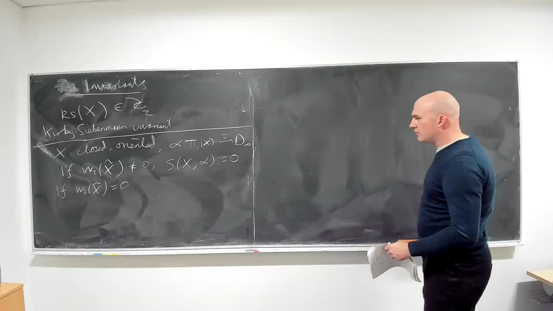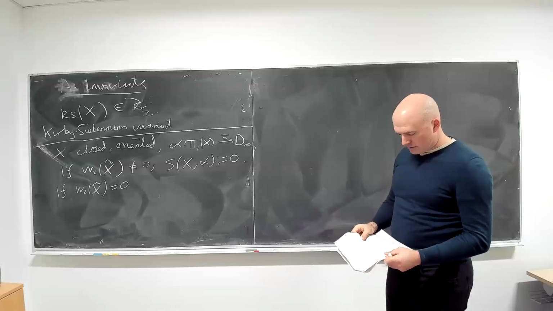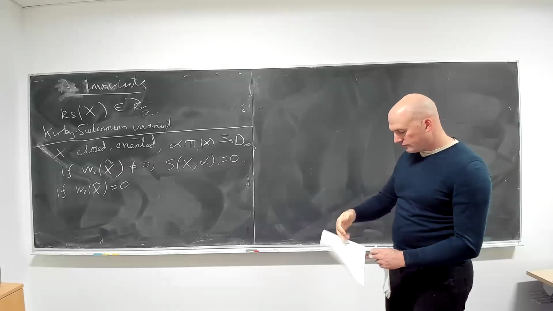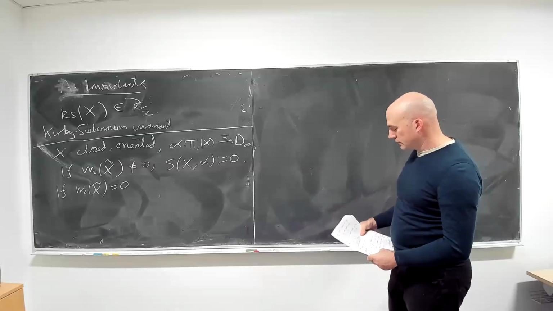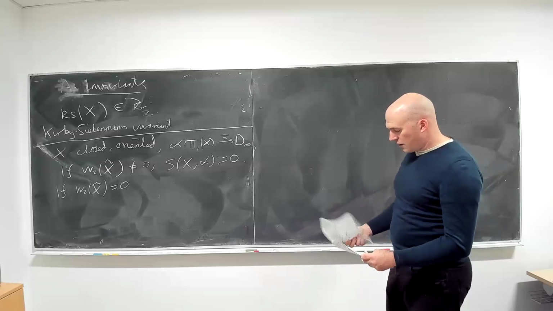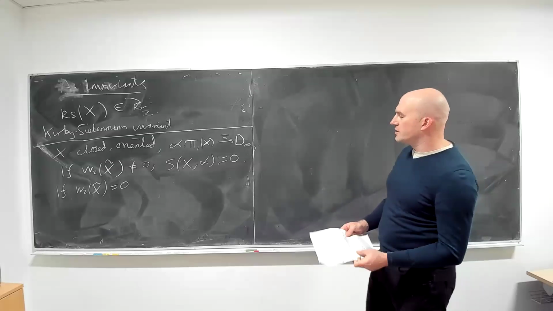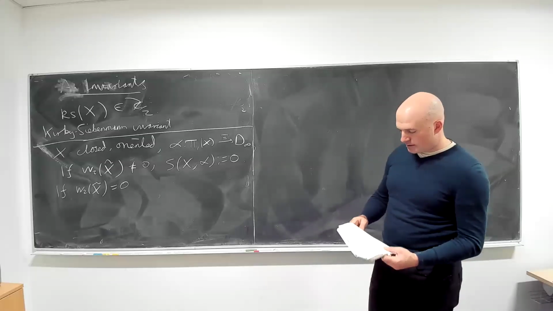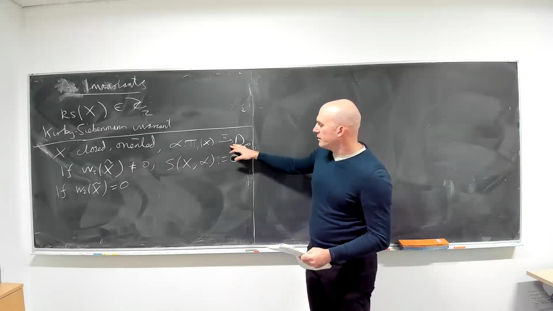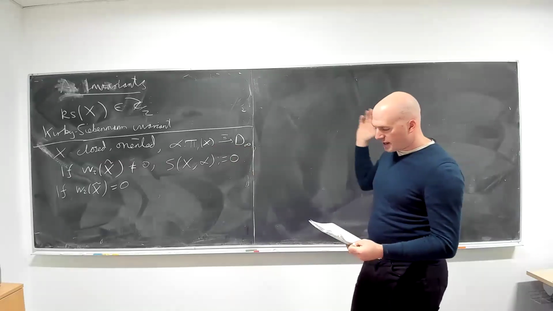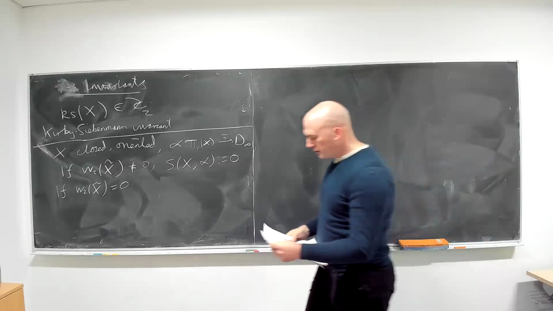I'm going to keep defining this invariant, and then once I've defined it, it's an invariant of 4-manifolds with infinite dihedral fundamental group. And then I'm going to state the theorem involving them.